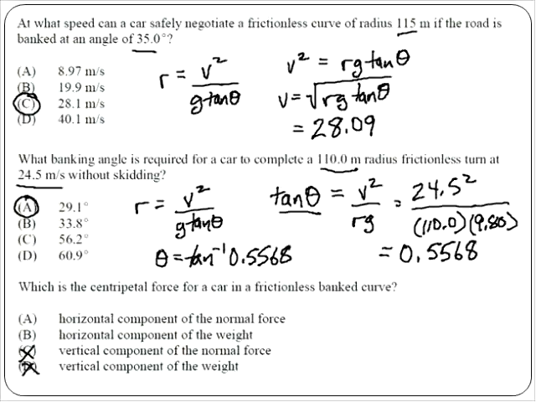So it's the horizontal component of something, and it's the horizontal component of the normal force. Weight is straight down, so weight has no horizontal component, because weight is the force of gravity. It only has a vertical component. So obviously B can't be the right answer either. It has to be choice A.